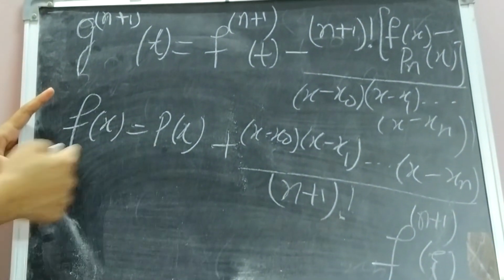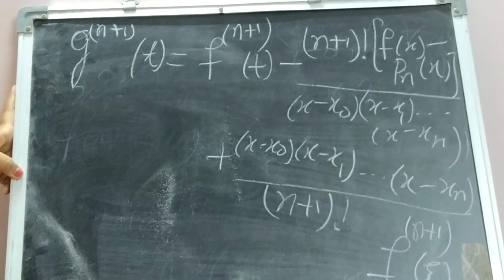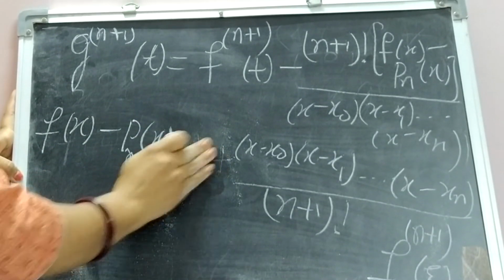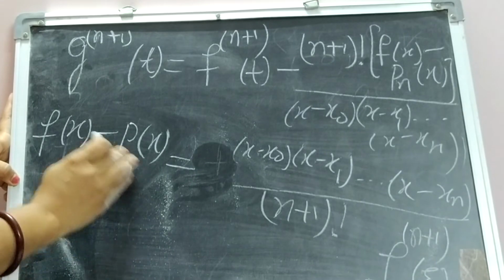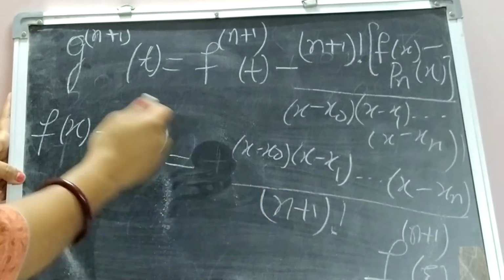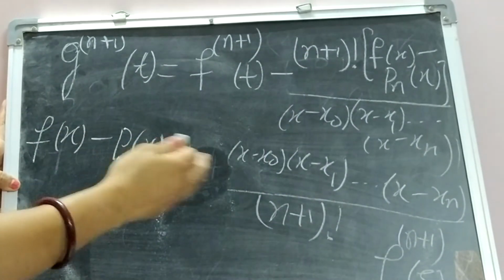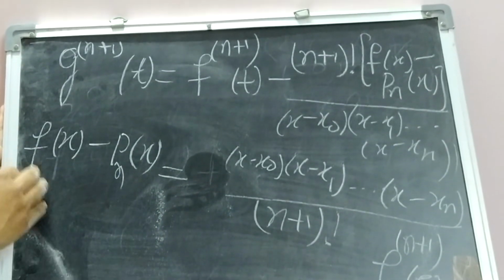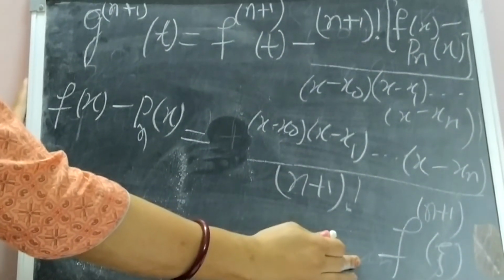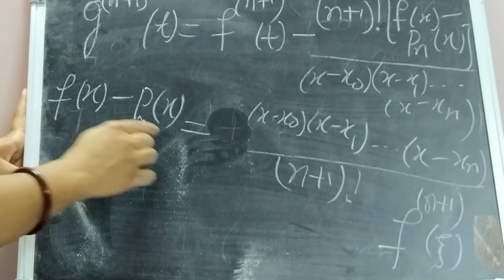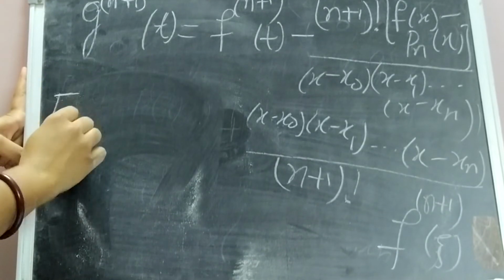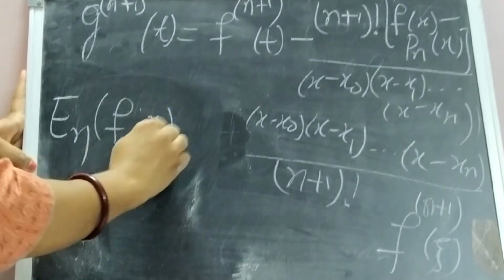So taking this over this side, I am again doing over here only. So we get f(x) minus p(x) or pn(x), whatever you want you can write. Both are used in some books, pn(x) in some books and p(x) in others. So here also I might be using pn(x) somewhere and p(x), but you use uniformly, either use pn(x) throughout or use p(x) throughout. So this minus this is coming to be like this. So this is nothing but the amount of error. So finally we conclude that this is En(f(x)) is equal to this.